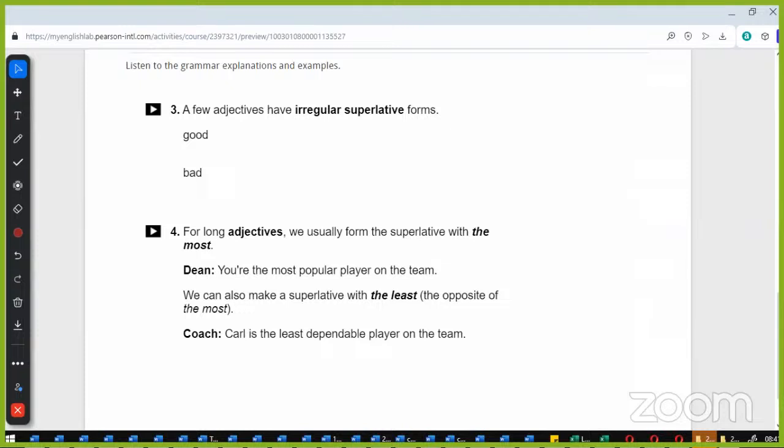Okay, so here I have some. I'm trying to find where the rules are.